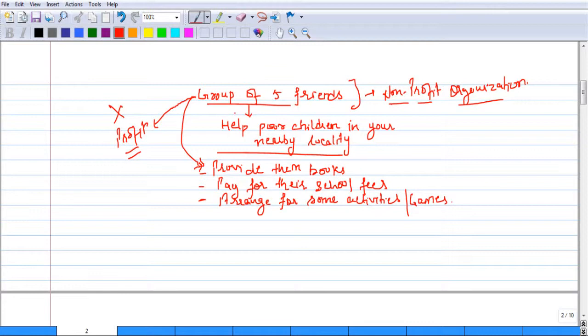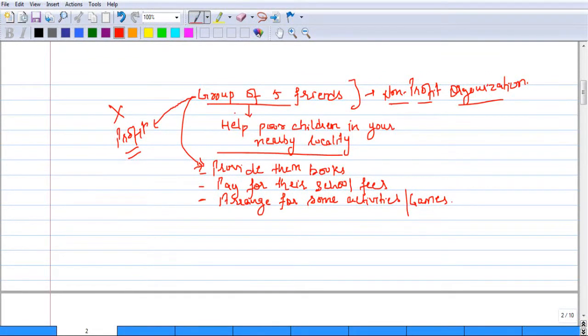When we talked about the partnership, when we talk about the company accounts, there we always have the motive of earning higher profits. Why? Because those profits are your income. Those profits will be distributed among the partners, among the directors. But when you talk about the non-profit organization, the profit is never the motive. Clear?